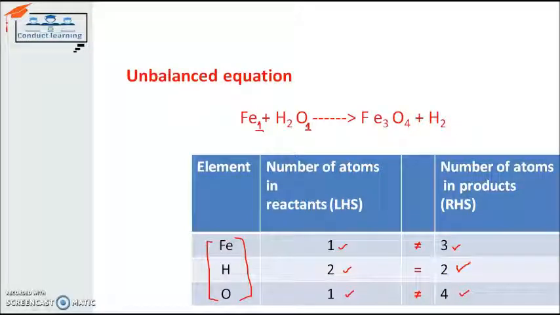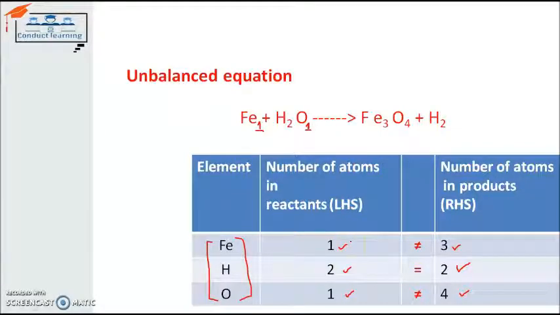And if we start comparing the number of atoms for each element on the reactant side and product side, we find that the atoms for iron, represented by Fe, are not equal.